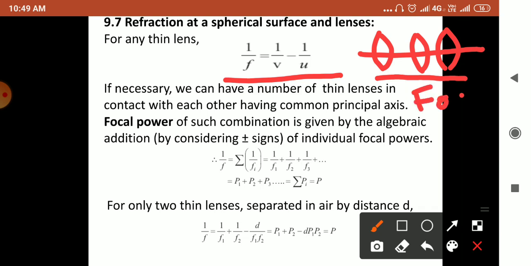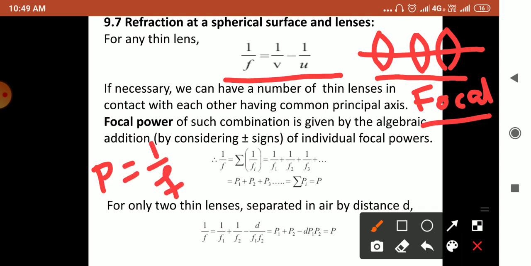This focal power is nothing but the addition of the reciprocals of the focal lengths, that is, P is equal to 1 upon f, where a number of focal lengths are present, as we take this number of lenses with the common principal axis.